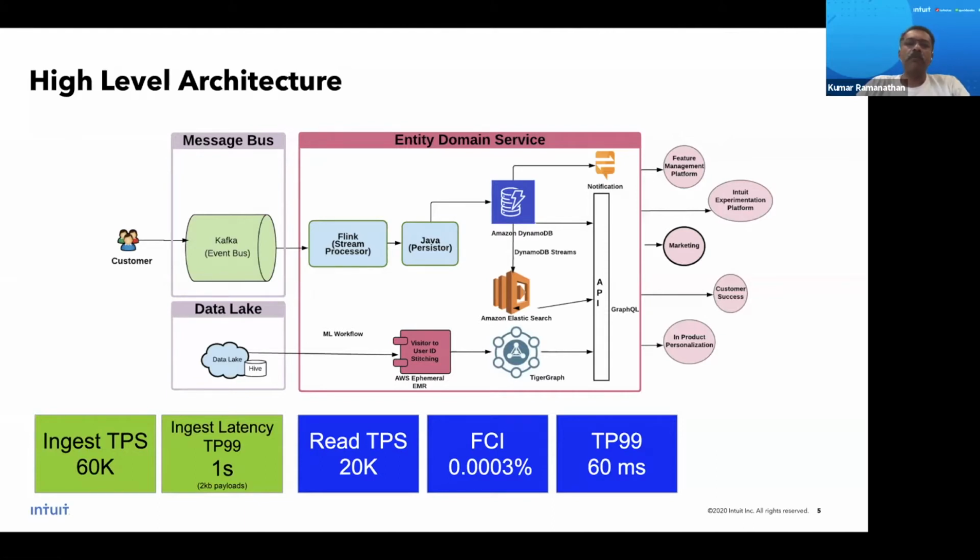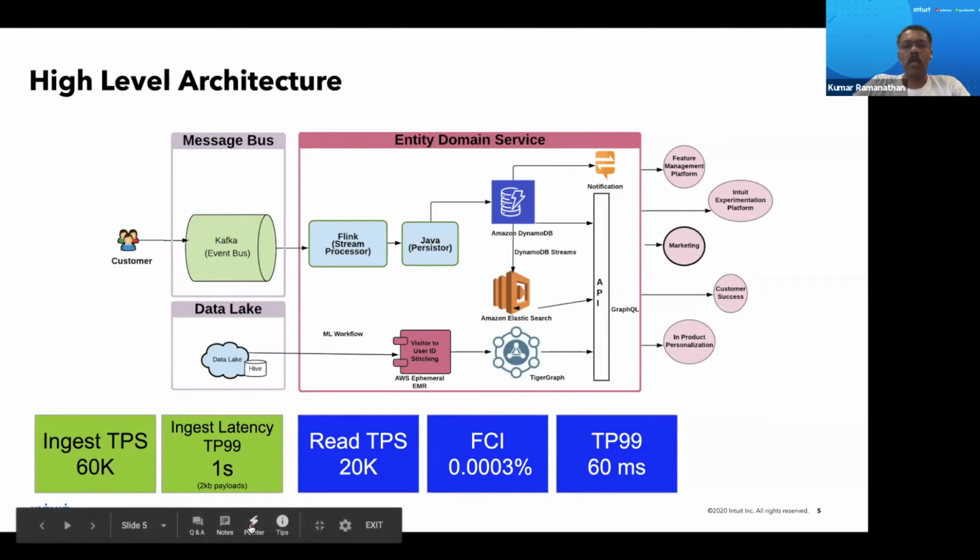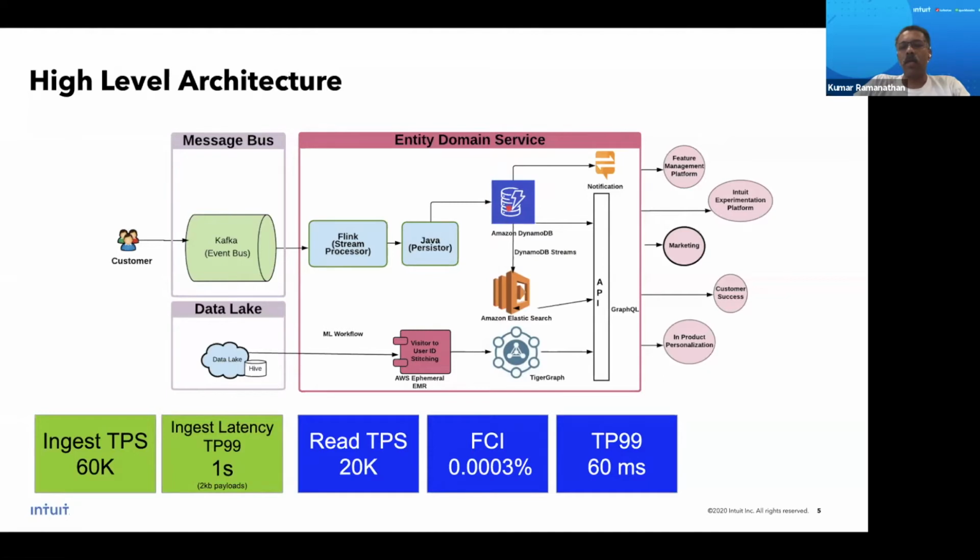At a very high level, we have sources of data across multiple product lines coming in through either the event bus or data that is already resident in the data lake, which we then bring in through a stream processing system, and we persist it in a key value store with Amazon DynamoDB.